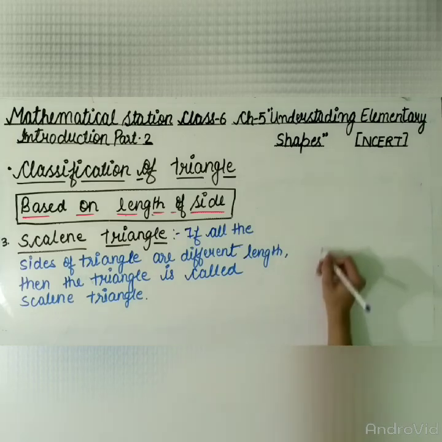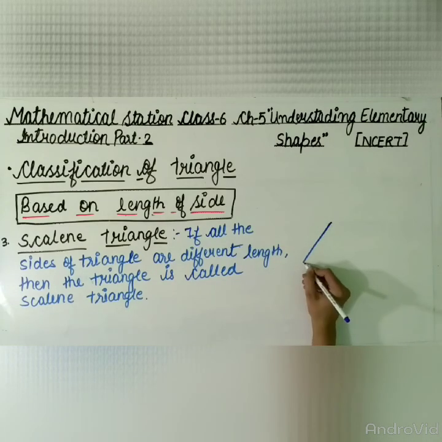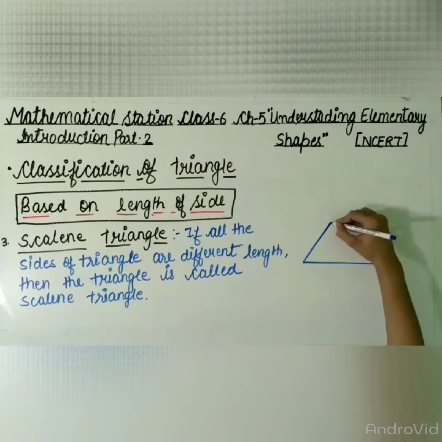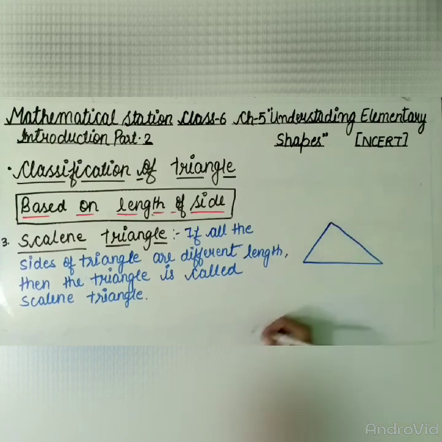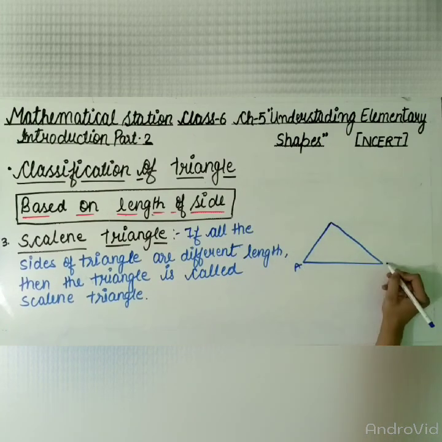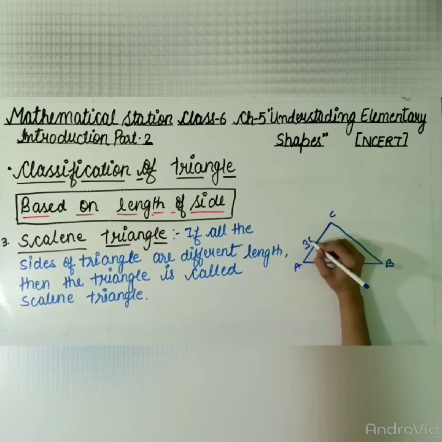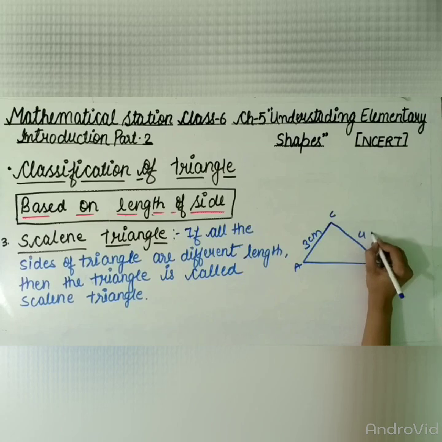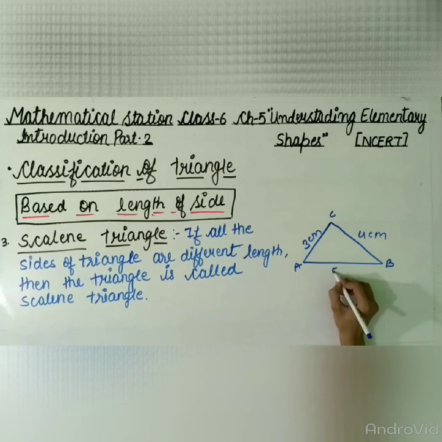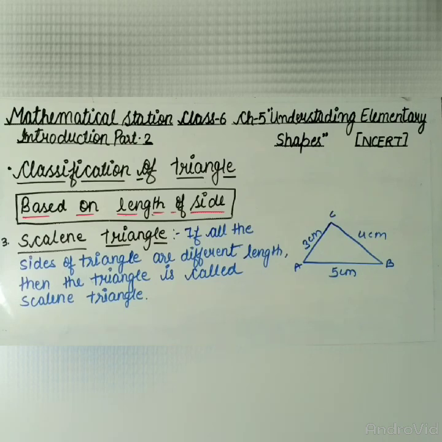This one side, other side, and another side is this. A, B, and C. Suppose it is of 3 centimeter, then 4 centimeter, and this one is of 5 centimeter. So this triangle is scalene triangle.